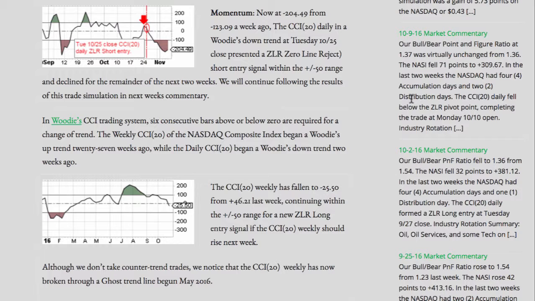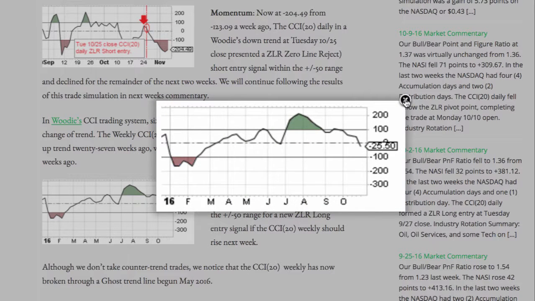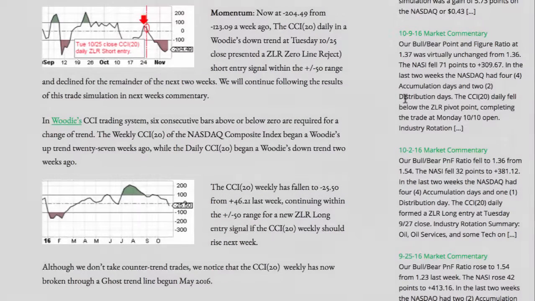The weekly CCI 20 of the Nasdaq Composite Index began a Woody's uptrend 27 weeks ago, while the daily CCI 20 began a Woody's downtrend 2 weeks ago. The CCI 20 weekly has fallen to a negative 25.50 from a positive 46.21 last week, continuing within the plus or minus 50 range for a new zero-line reject long entry signal if the CCI 20 weekly should rise next week.